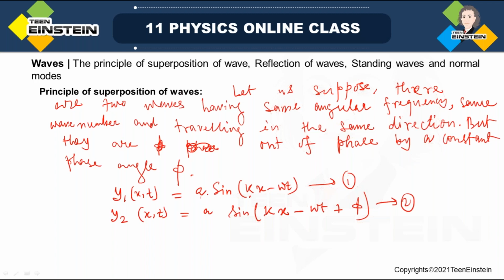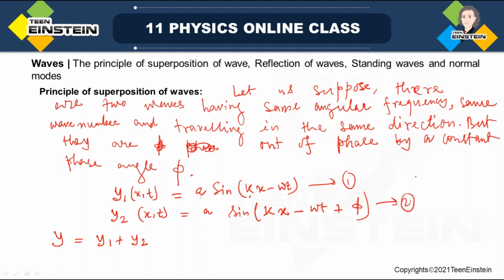Now see, I just want to see when they are simultaneously passing through a particular particle in a medium, what will be the resultant displacement produced by both of them? So what is the resultant displacement? y1 plus y2.